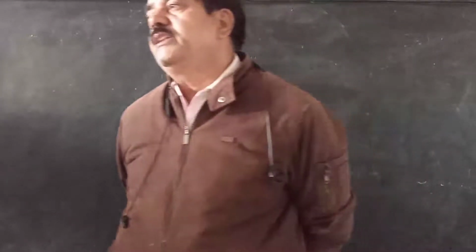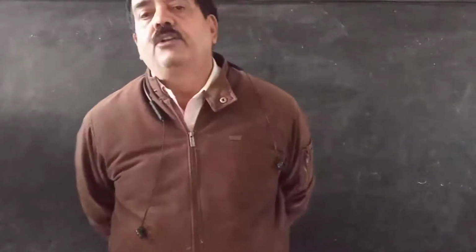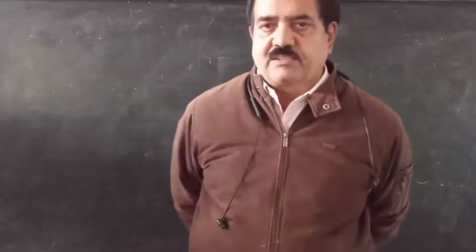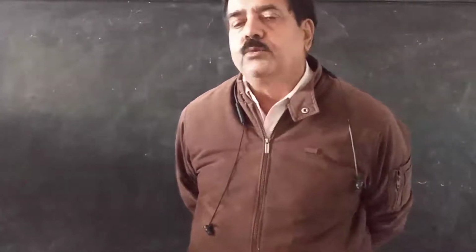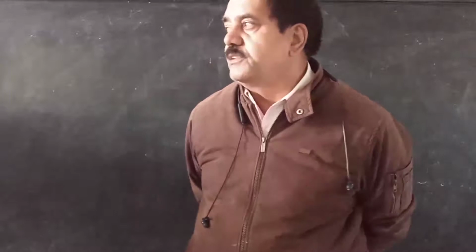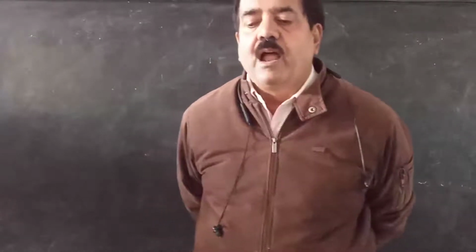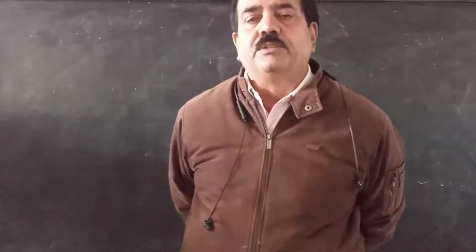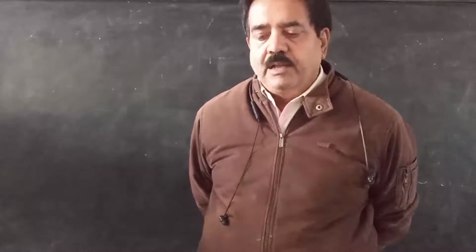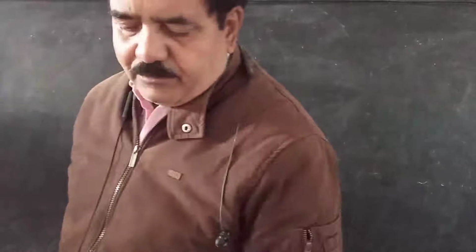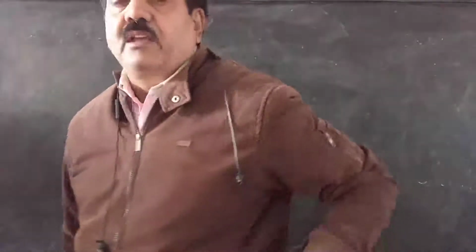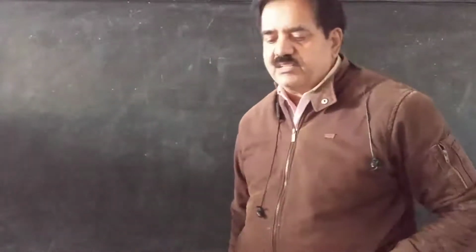You have to read the statement carefully and frame the two equations. After framing the two equations, you have to solve them simultaneously and get the values of the two variables. Right? So this is chapter 7, statement based problems on equations.